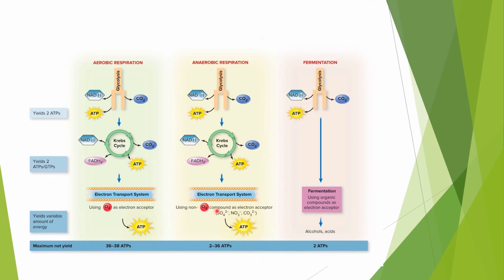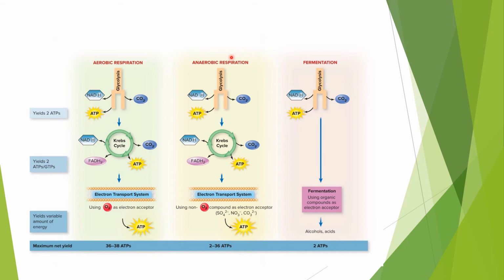Now, are there some bacteria out there that can actually go through both? Okay, yes, there are. So, bacteria such as E. coli can actually switch, okay, between aerobic respiration and anaerobic respiration. So, if E. coli is encountering a condition where there isn't enough oxygen in the environment, then E. coli is going to go through anaerobic respiration versus aerobic respiration.